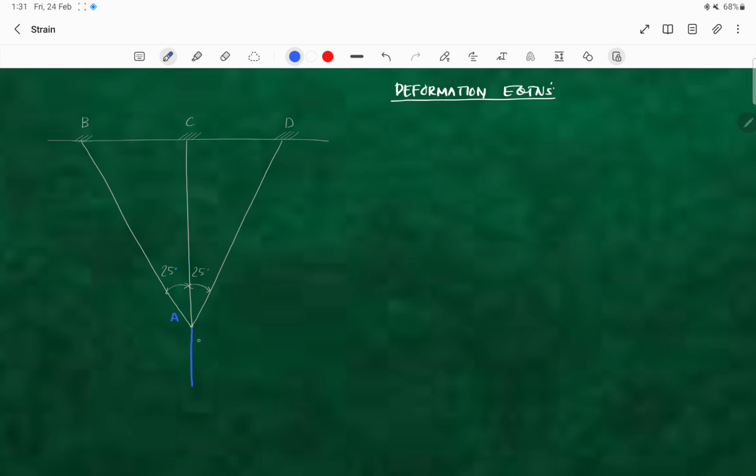So, yung deformation nung EB is ganito, no? And then, yung deformation ni bar ED is ganyan, no? So, we know yung angle dito by vertical angle theorem. So, this must also be 25 degrees. And this one must also be 25 degrees.